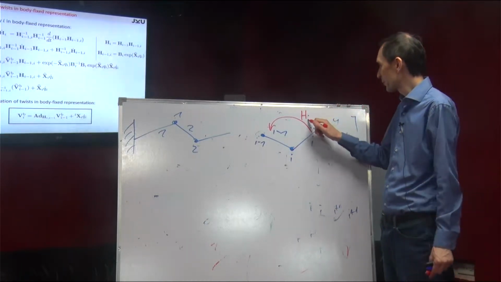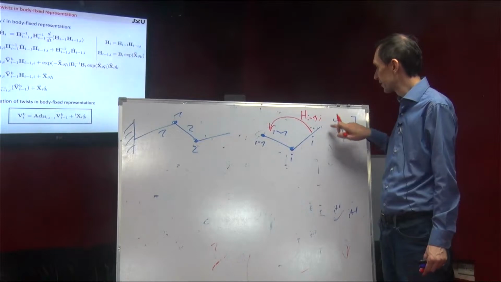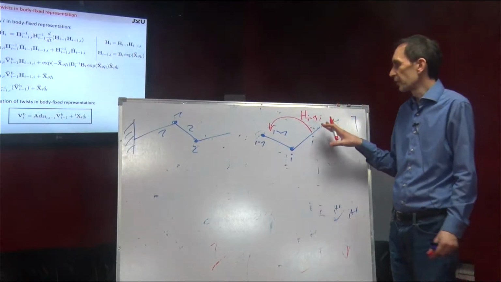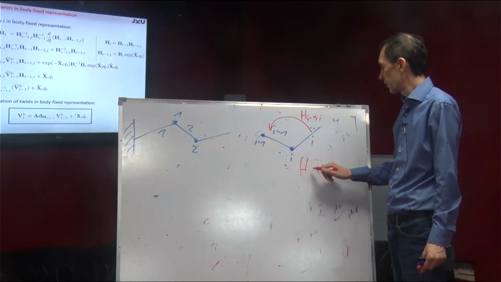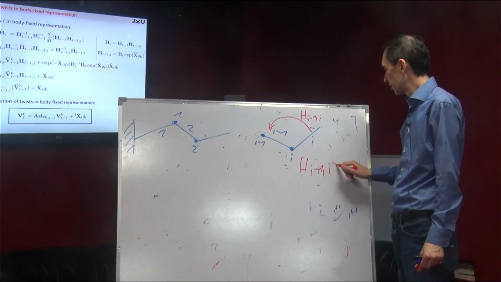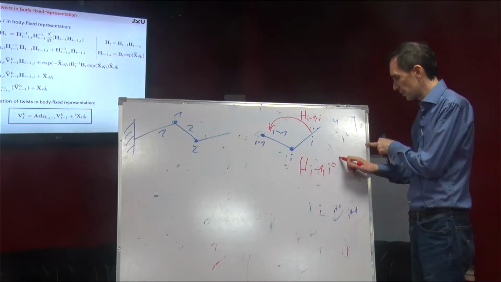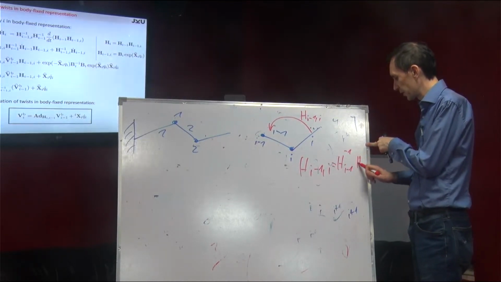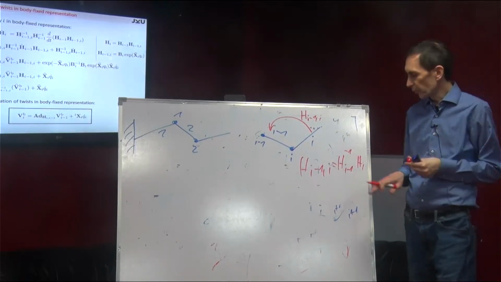It's just H I minus 1, I, right? And that's what we know. And if you don't remember, H I minus 1, I is equal to the inverse of H minus 1 H I, right? And this is what we get from the exponential mapping.